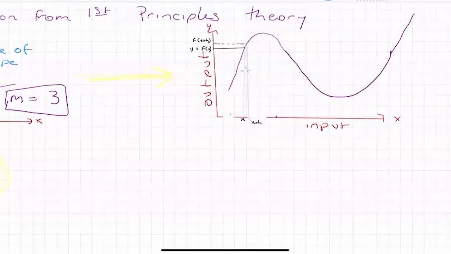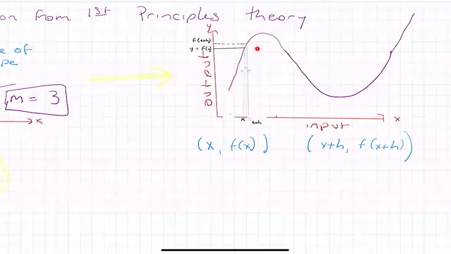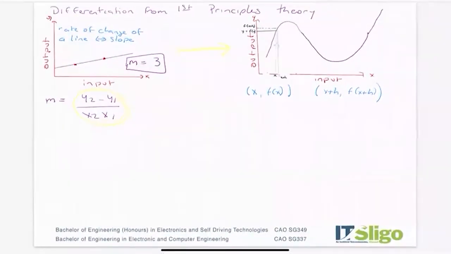Okay, so my 2 points, remember it's x comma y, so x value, f of x, that's 1 point, and my other point is x plus h, comma, f of x plus h. This point here is x, f of x, and the upper one is x plus h, f of x plus h. So there's my 2 points. I'm going to label them x1, y1, x2, y2, and I'm going to sub them in.